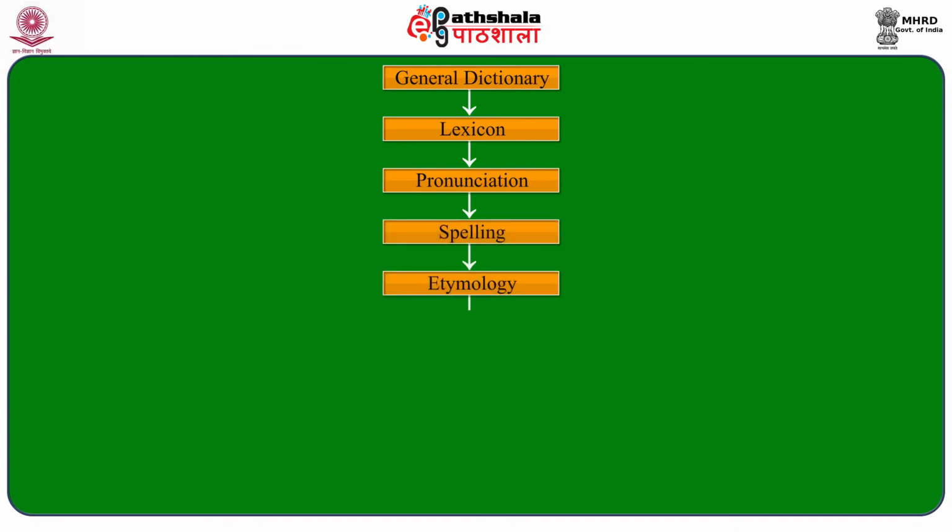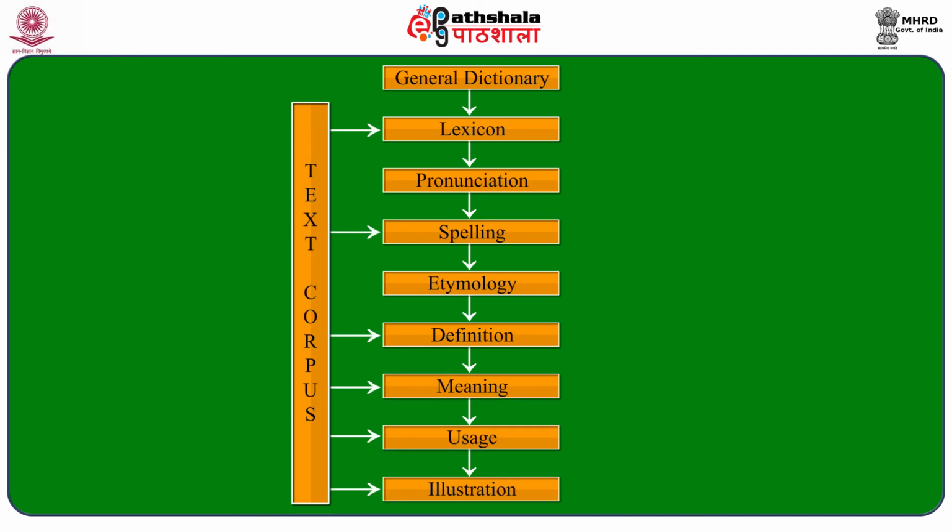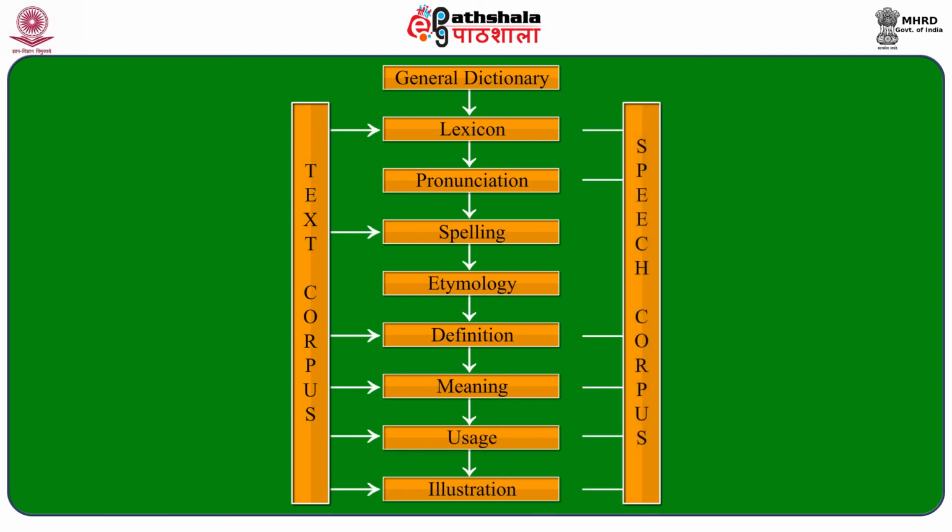So we assume that we have a very large text corpus, as well as a speech corpus at our disposal, which can be assembled together or utilized simultaneously to compile the dictionary. So how can this be done? If you are developing a general dictionary, we collect the lexicon or word list from both the speech corpus as well as the text corpus.